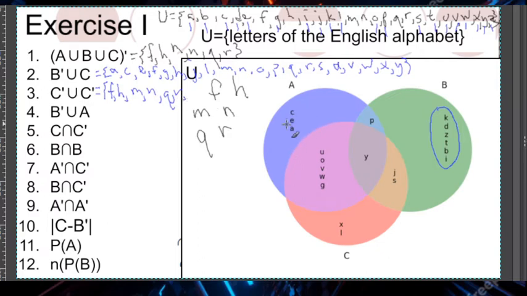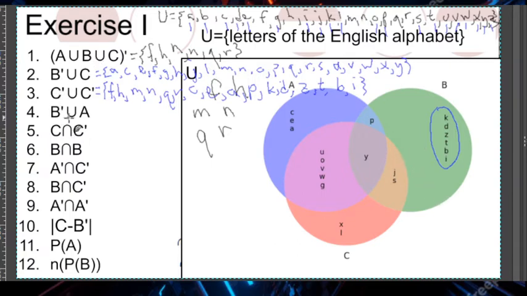And then this is outside C, so it's part of the complement, and then A, B, E, and I. And it doesn't matter if it's in order or not because sets don't care about order.